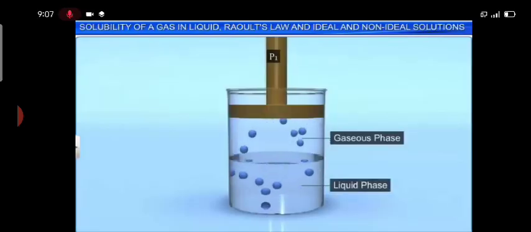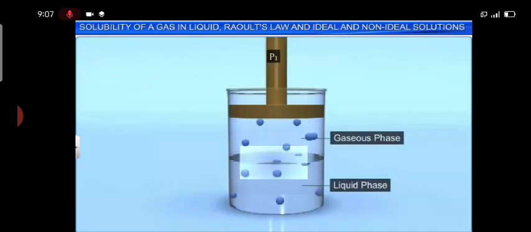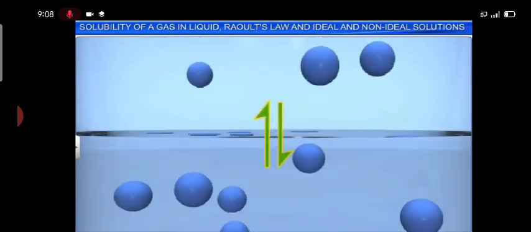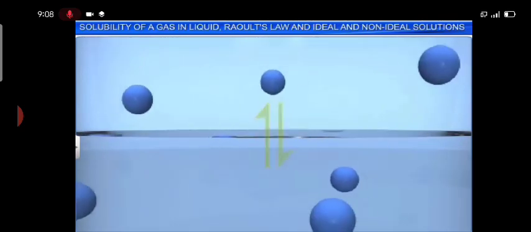Dissolution of gases in liquids is an equilibrium process. At equilibrium, the rate at which the gaseous solute molecules escape the solution equals the rate at which the molecules re-enter the solution.